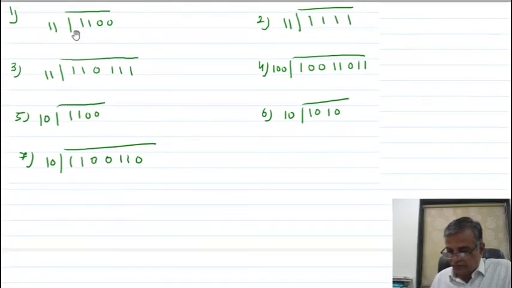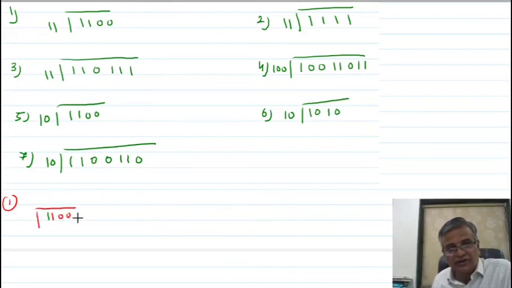So I am doing this first. This is 1 1 0 0, so I can write this is 0 0. Now this is taken down, so it is 0, this is also taken down, so you can write 0.